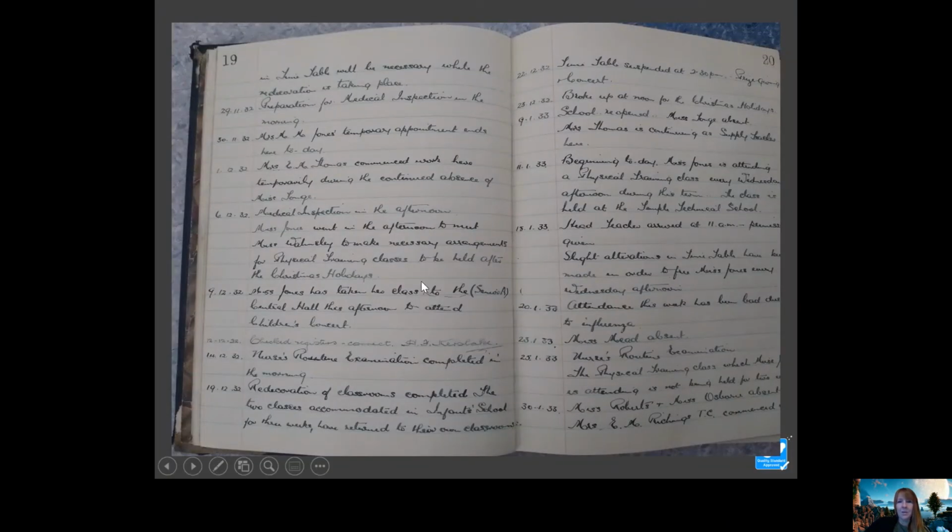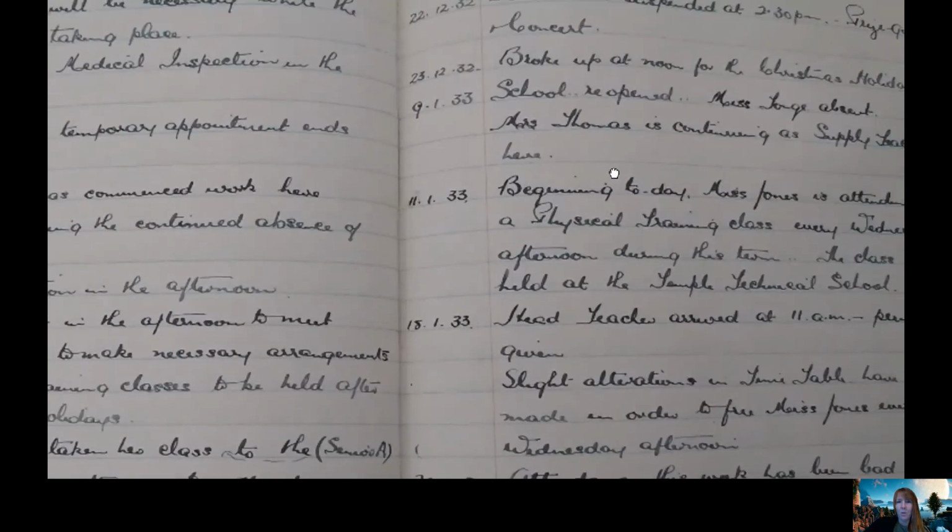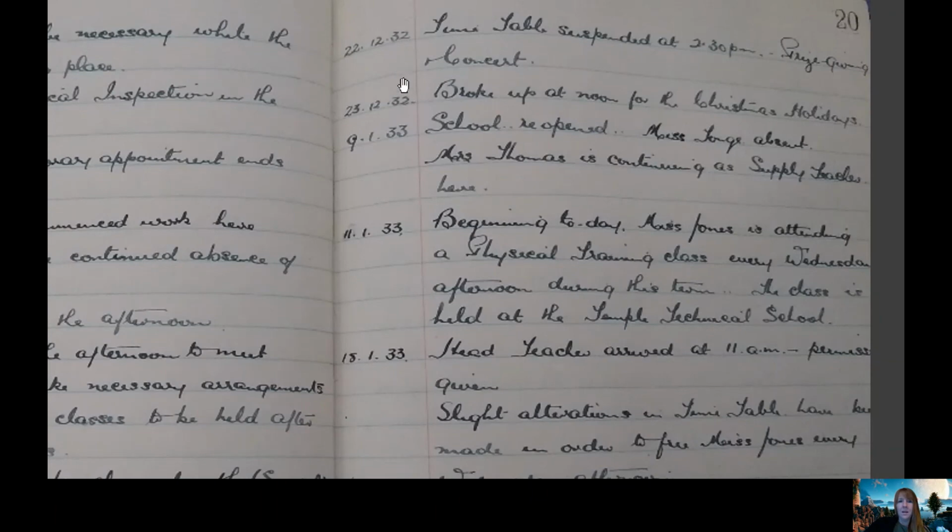Here we've got a log of what was happening at school in 1932, moving on to 1933.